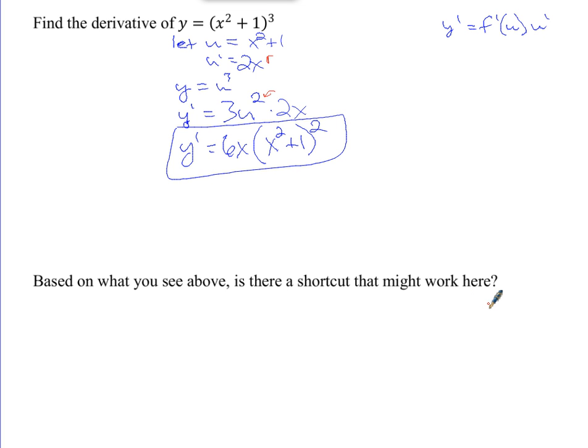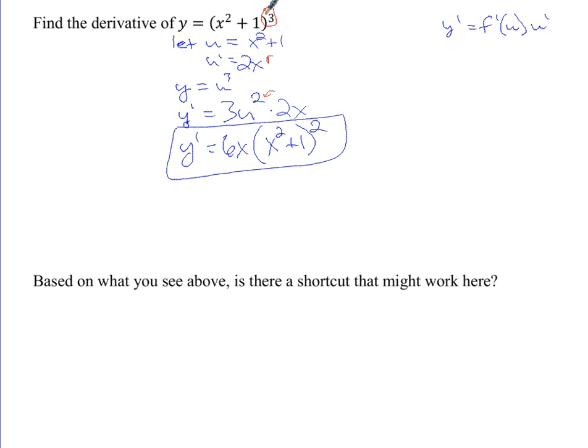Based on what you see above, is there a shortcut that might work here? No. You started off good. What happened?